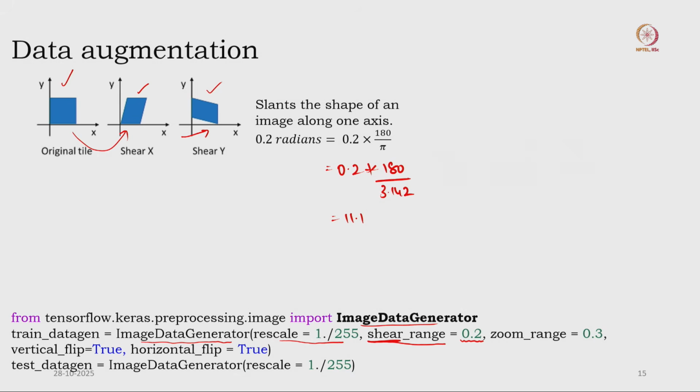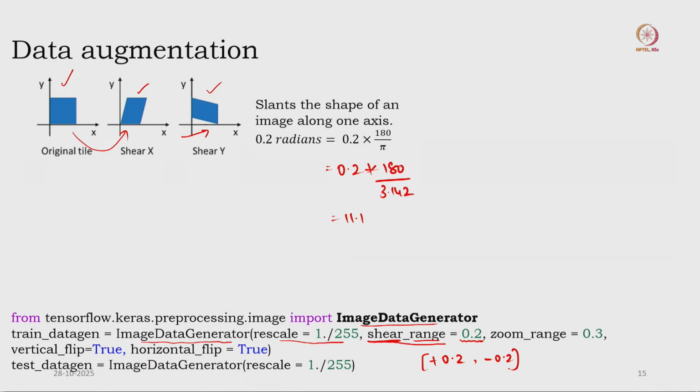When we write just one number, 0.2, it is actually a range, so there are two values: plus 0.2 to minus 0.2.